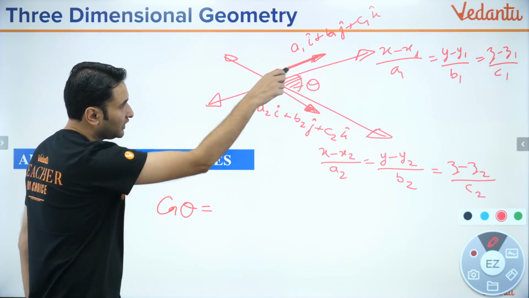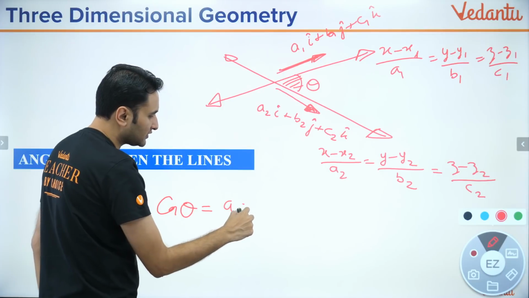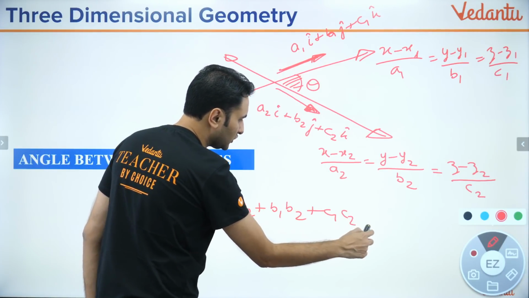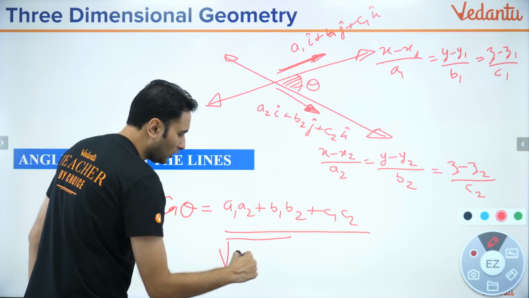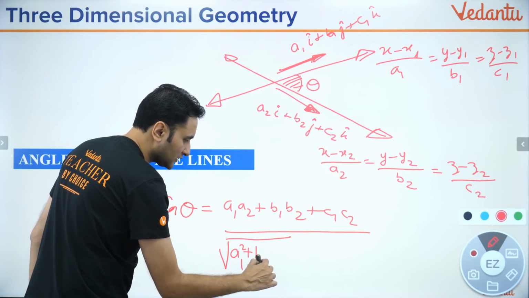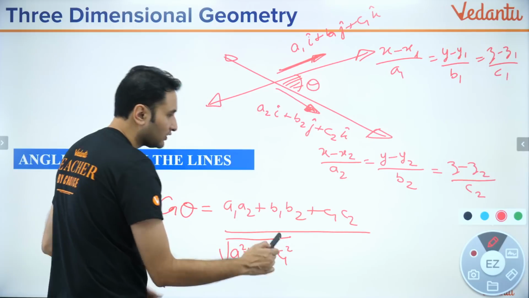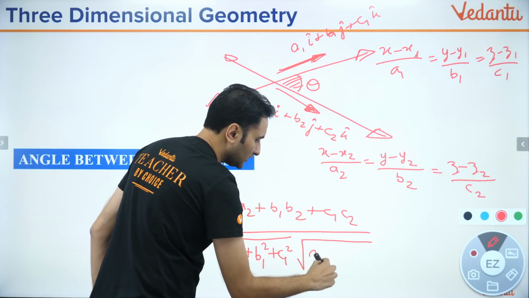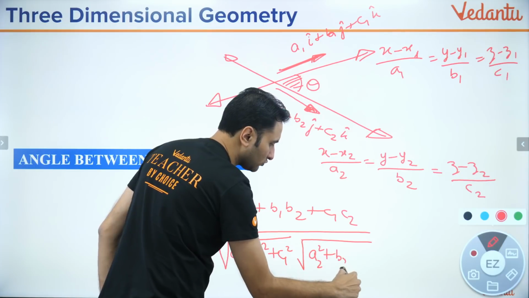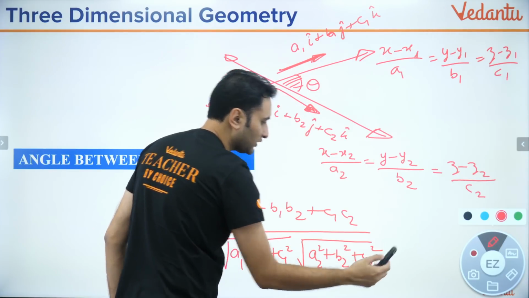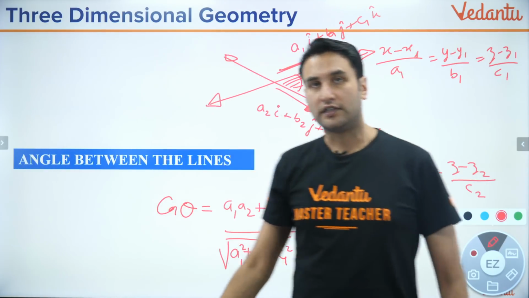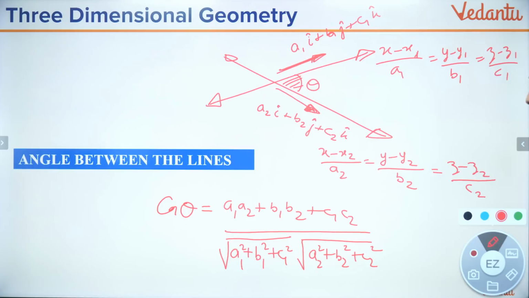Cos theta कितना हो जाएगा? The dot of these two, which is a1a2 plus b1b2 plus c1c2, upon under root of a1 square plus b1 square plus c1 square, modulus of this upon modulus of this, that is under root of a2 square plus b2 square plus c2 square. That's it. Very simple. यहाँ तक तो clear है सबको? ठीक है ना? अब let's do the problems based on this.